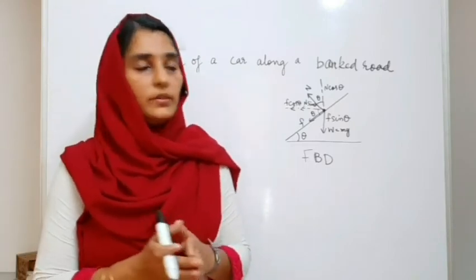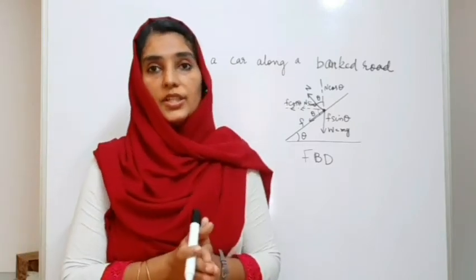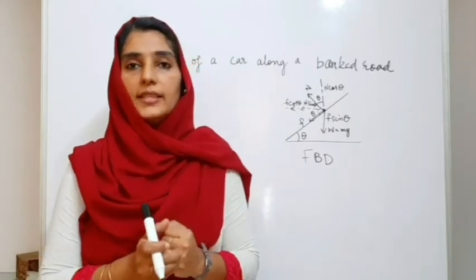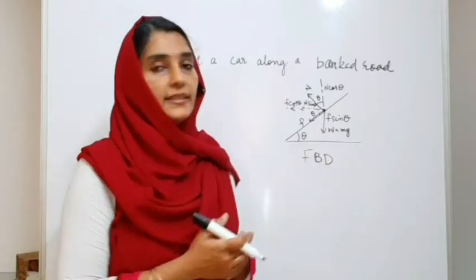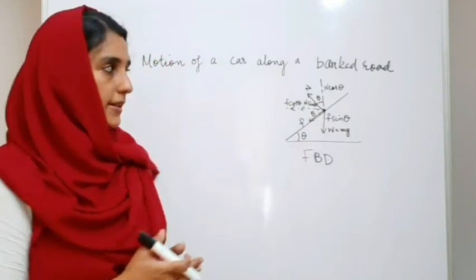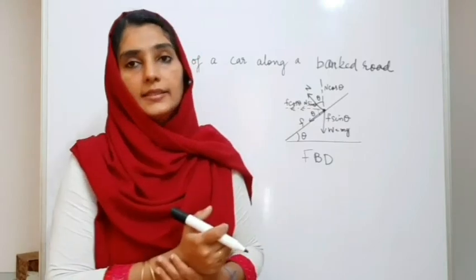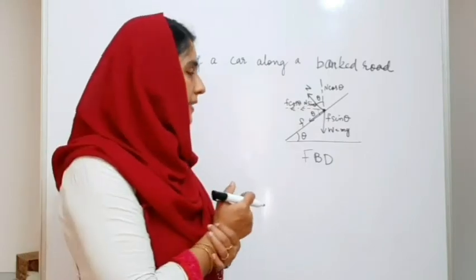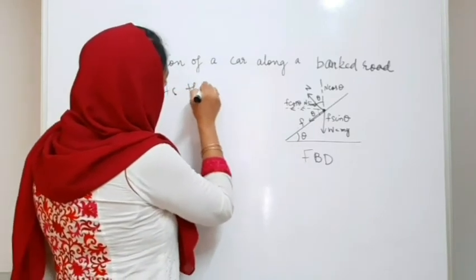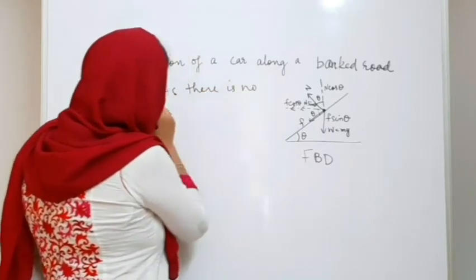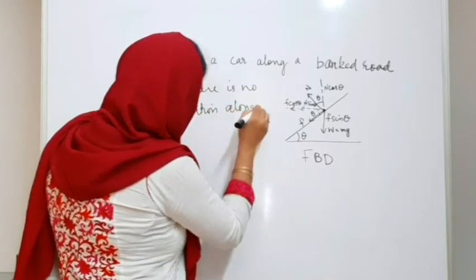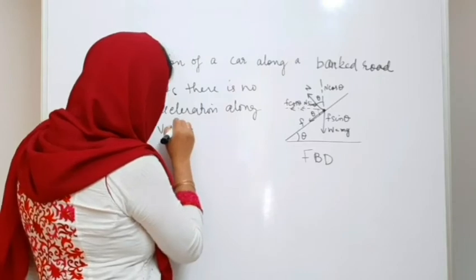As there is no acceleration along the vertical direction, the forces in that direction are balanced, because we know the motion of the car is along the horizontal direction.